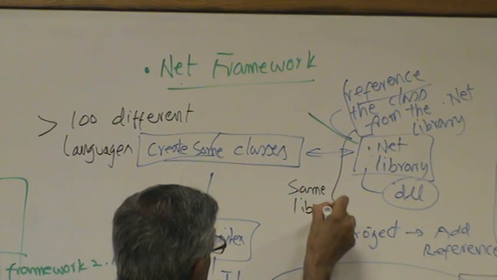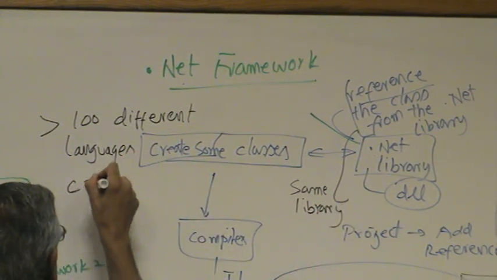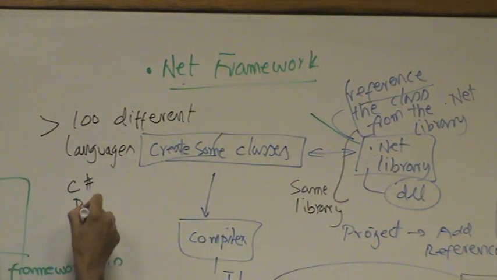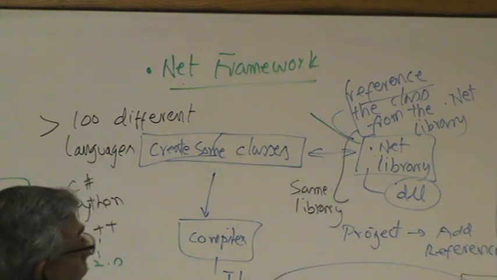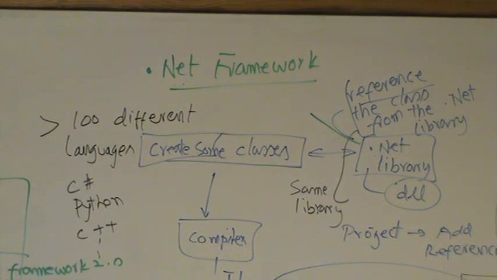So it doesn't matter whether you program in C# or you program in Python or you program in C++ or any other language, you are using the exact same library, okay? So then the question is, why should we learn C#? You know, if you already know C++, why not learn Python? If it doesn't matter what language we use, okay?